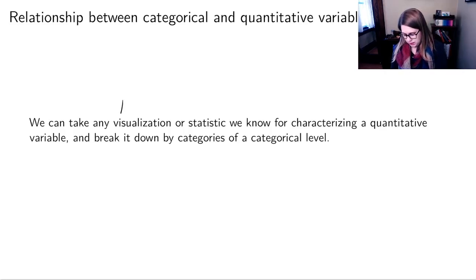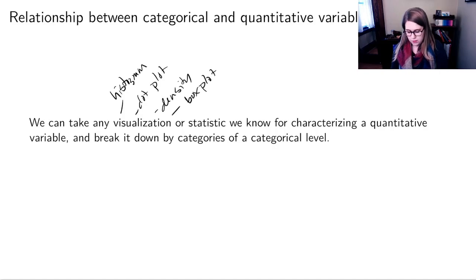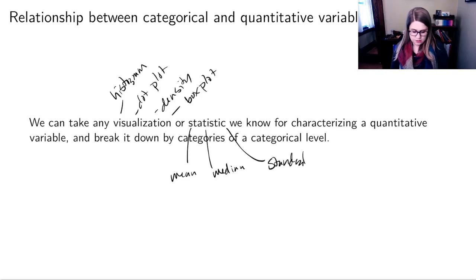So that would be like a histogram, dot plot, a density, or now we have box plots. Or a statistic, so that would be things like mean, median, standard deviation, and so on. And we can break it down by categories of a categorical variable, not level, variable.